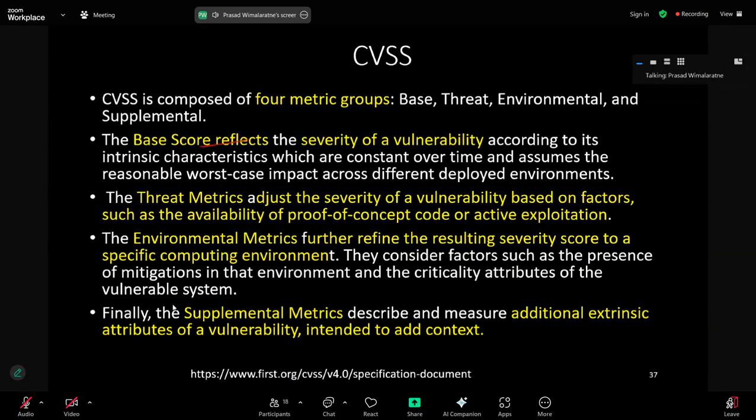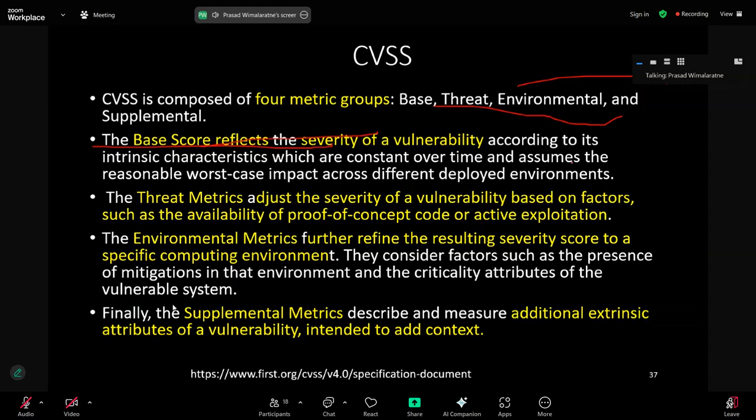There are 4 areas like I showed you in the previous slide. The first one will reflect the severity of the vulnerability, the base score, and the threat metrics will adjust severity.